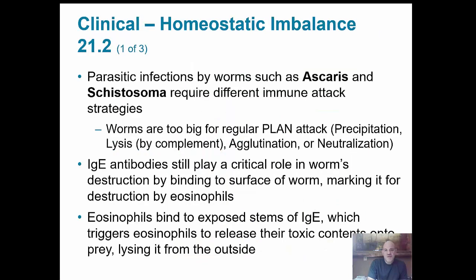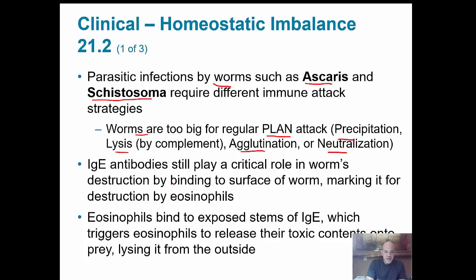And now we end with this homeostatic imbalance for this second one of the chapter here. In the case of parasitic infections like worms, worms are rather large, like Ascaris and another one called Schistosoma, and they require a different immune attack strategy. This is because the worms are too big for the precipitation, lysis, agglutination, or neutralization that we just finished mentioning. So what's going to happen here is immunoglobulin E antibodies are going to play a critical role in the worm's destruction.